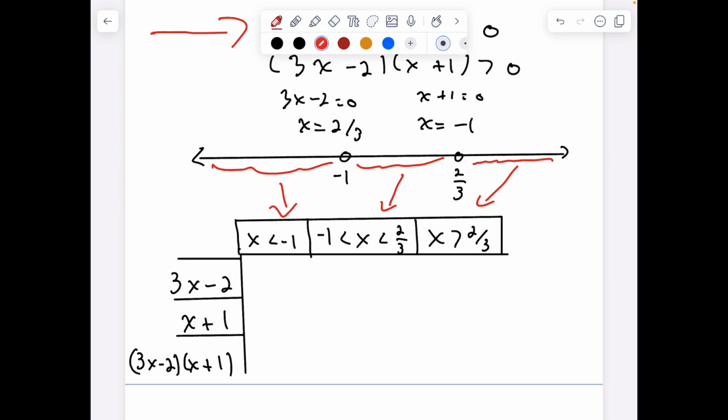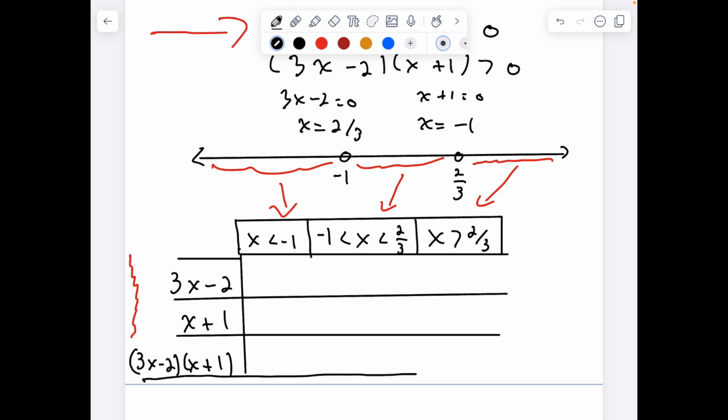I wrote boxes with those inequalities representing each interval, and I wrote the factors on this side: 3x - 2, x + 1, and 3x - 2 times x + 1. What I'm going to do is find the sign of each of these expressions in each of these intervals.